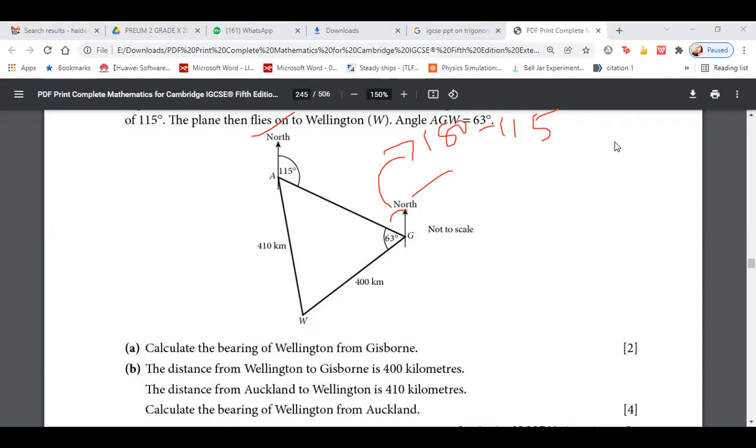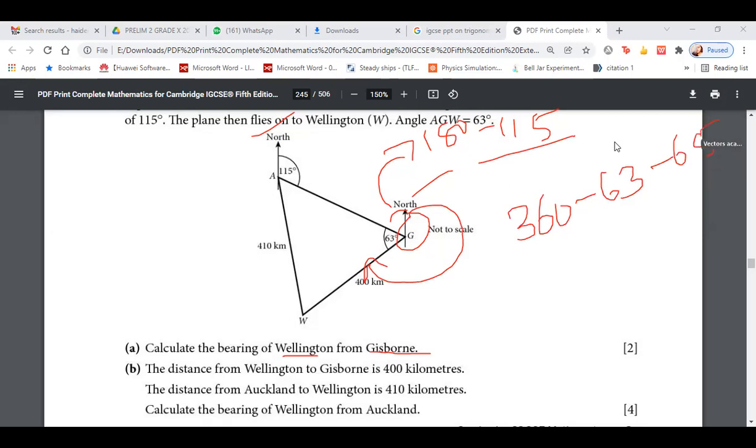I'm not bothered about that. I want the bearing of Wellington from Gisborne, so from G I have to go to W, so I want this particular angle, and this particular angle will be 360 minus 63 minus 65, right? 232. So this is my first answer, and I'm clear with that.